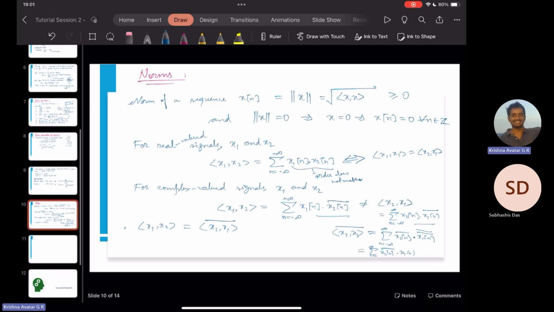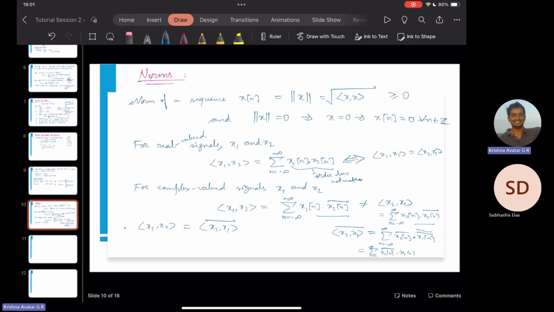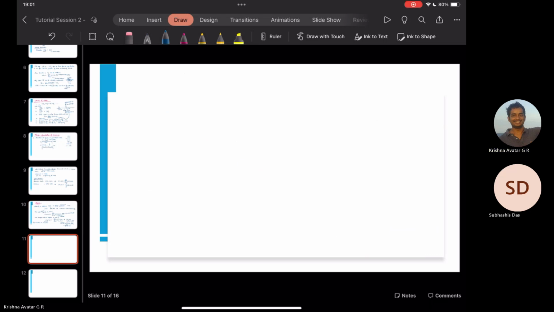Let's go to the next page and try to understand this facet. So this was property number 1, and property number 2 states that it's linear in the first argument. So how is it linear? Let's have a1 x1 plus a2 x2 comma x3.